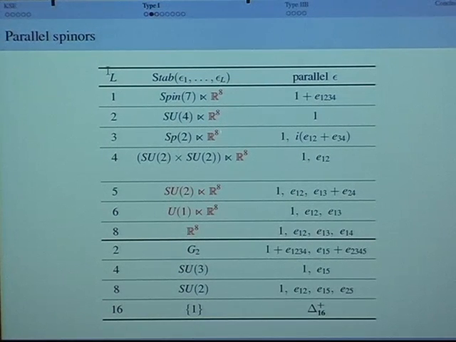There are two types of stability subgroups. These are non-compact, and these are compact. It turns out the geometries of the associated backgrounds are completely different. What I have highlighted in red is what is different from what might have been expected from the Berger classification list.